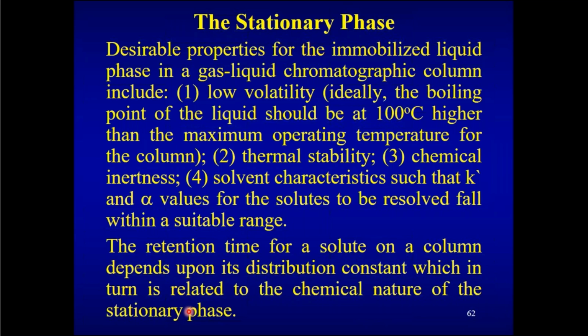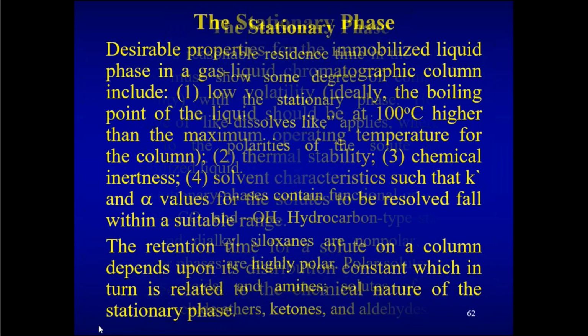It will be very strongly retained in the stationary phase, and hence you will get a longer retention time. That's what is meant here. The retention time for a solute depends upon its distribution constant, which in turn is related to the chemical nature of the stationary phase.